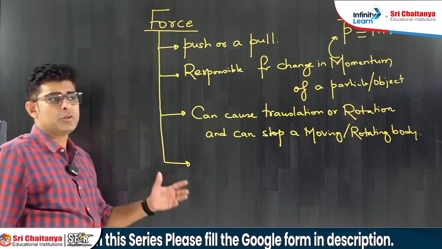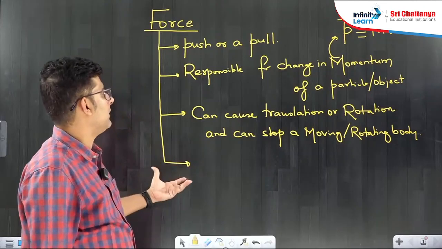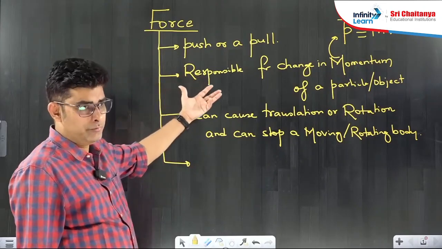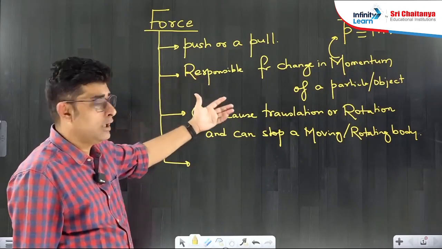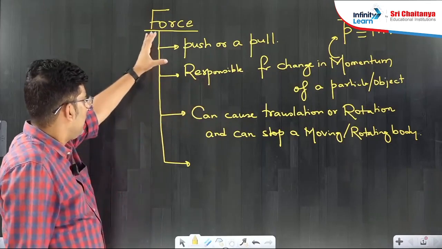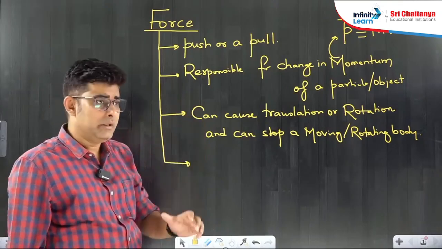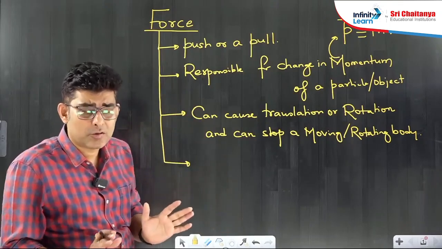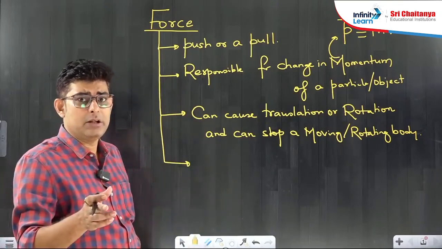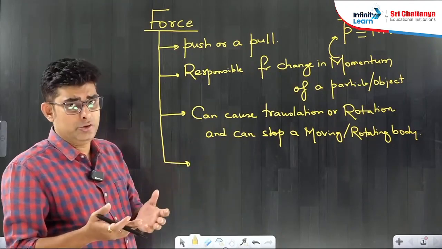When we talk about the most important scientist who made important discoveries in the field of mechanics, it is Newton. So Newton said that any force will always occur in a pair. That means if you are applying force on somebody, then you can expect that the body will also exert some force on you.